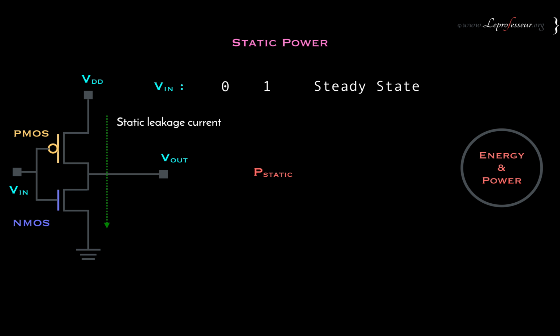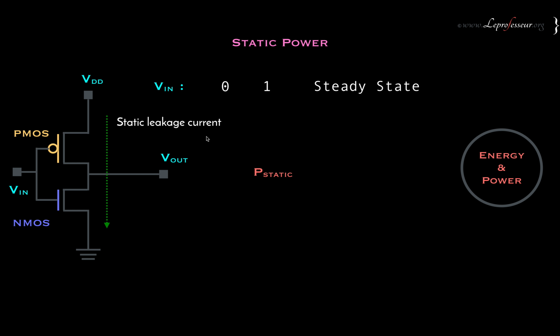Now another interesting thing: after applying the voltage to V input, you don't immediately jump to the steady state. You can look into different phases of operation of an inverter. We call it the IV characteristic curve or IV characteristic graph of basic PMOS and NMOS operation.